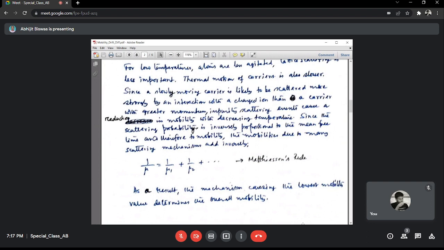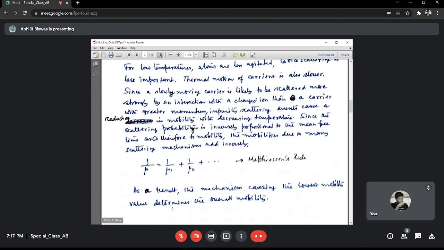That is, mu is the overall mobility of carriers, and 1 upon mu equals 1 upon mu 1, where mu 1 corresponds to a particular scattering mechanism, say impurity scattering, plus 1 upon mu 2, which could be the phonon scattering, plus, in case of alloy semiconductors, 1 upon mu 3, that is the alloy scattering, and so on.